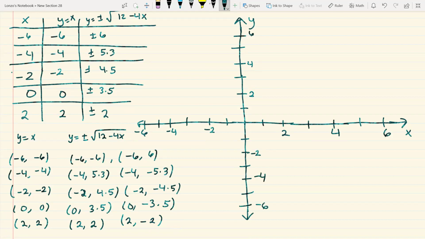Okay, so what color would you like? I like to use green. I like green. Dark green or light green? Now let's use dark green. And let's graph y equals x. So the first point is at -6, -6. This one is -4, -4.